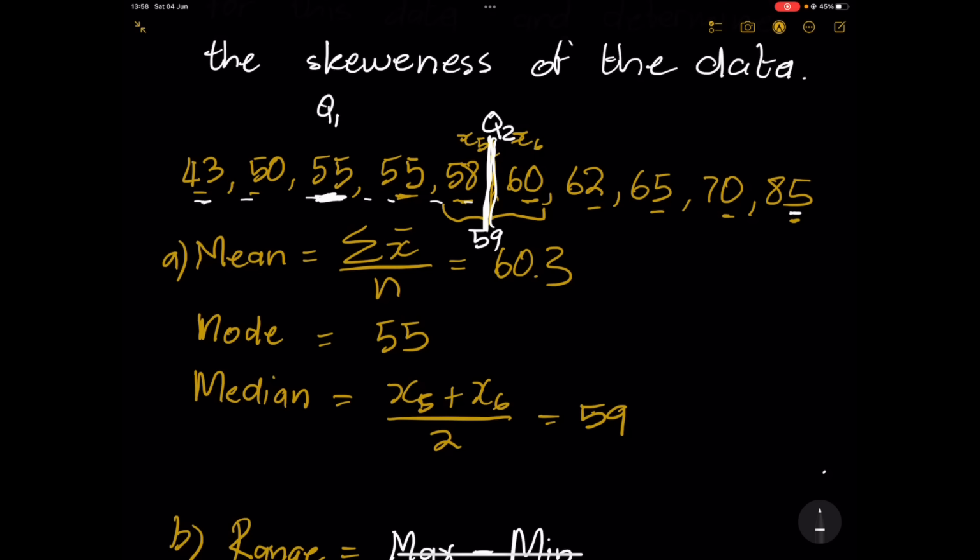So there's my Q1 value, which is 55. And then my Q3 is the one in the middle of the second half. By the way, if we had an even data set, we'd simply do exactly what we did to find Q2: add the two values in the middle and divide by 2. In this case, we only had one, which is 65. So that value is our Q3.